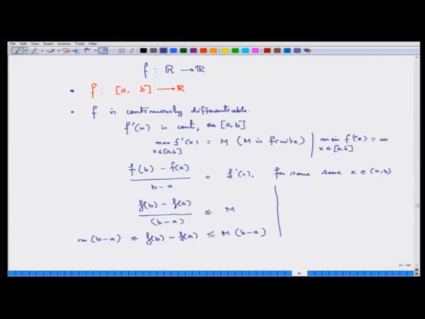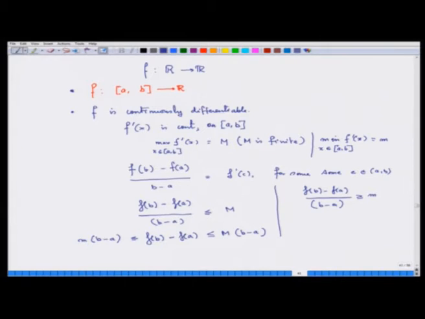This simply means the following. So, f b minus f a by b minus a is greater than or equal to m. So, you get f b minus f a is greater than or equal to m times b minus a.